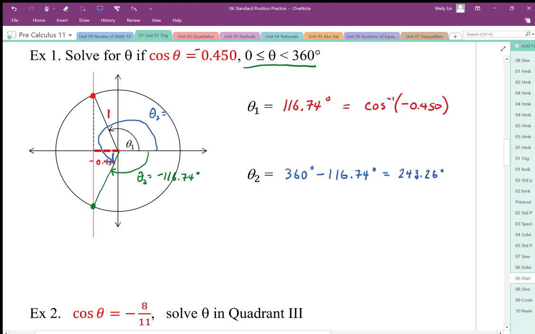So this is the angle that I want. Now if you gave me the angle of negative 116.74, it is in fact the correct angle, the correct position, but this one just happens to specify that we want the positive version of that. So we have to find the coterminal angle.